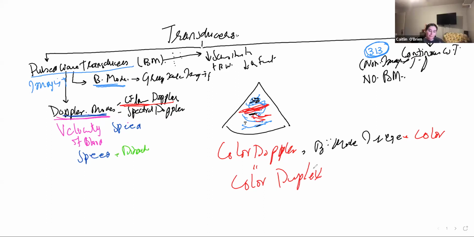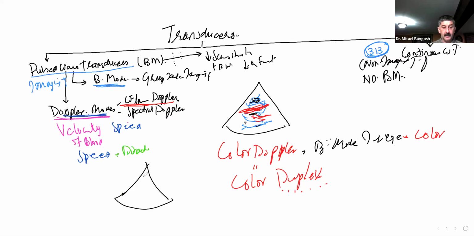Yeah. Right, okay. So a duplex is mainly just a sexier term referring to Doppler. Whereas you could still have a plain black and white image, still a B mode image.